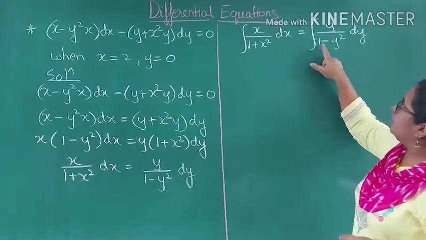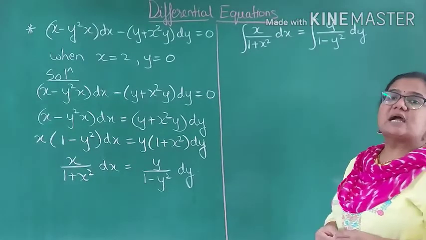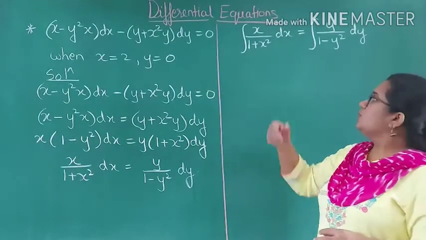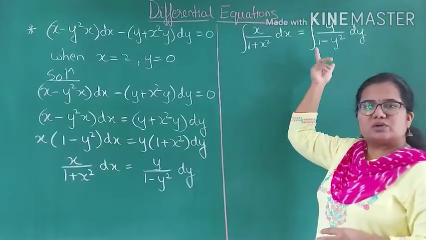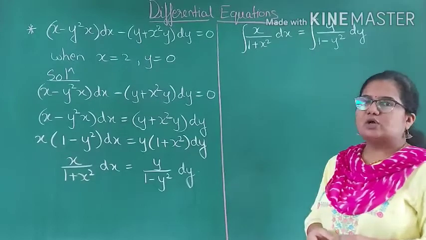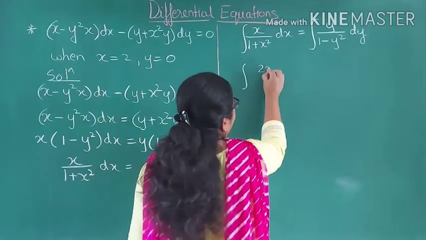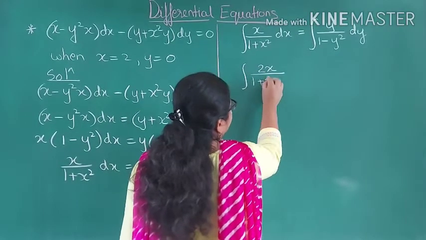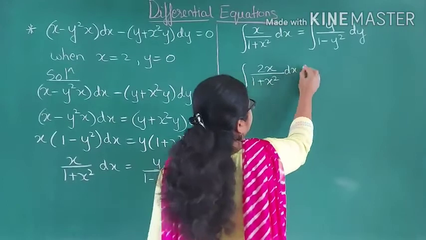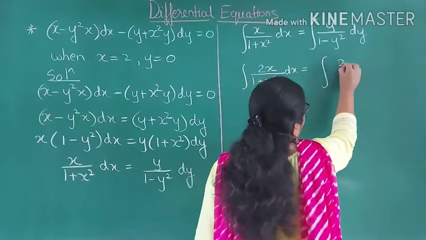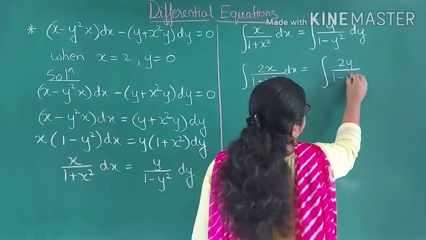And what is the derivative of 1 minus y square? It is minus 2y. So what will we do? We require 2 here also and we require 2 on the RHS also. So we will multiply by 2 on both sides. So this will become 2x upon 1 plus x square dx is equal to 2y upon 1 minus y square dy.